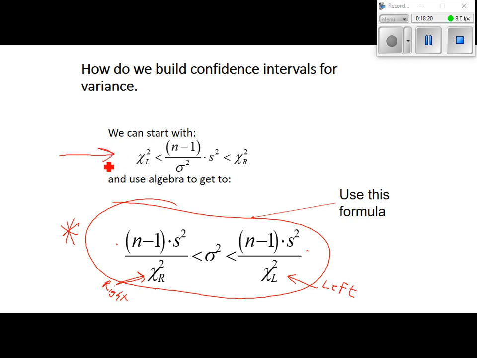That's what we're starting with, but it's just been mathematically moved around to make it so that we can find our confidence interval. And this is the confidence interval for the variance. So we're going to say we're 95% or whatever the C is, confident that our variance falls in that interval.